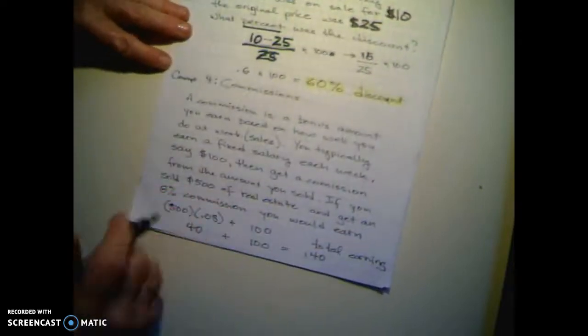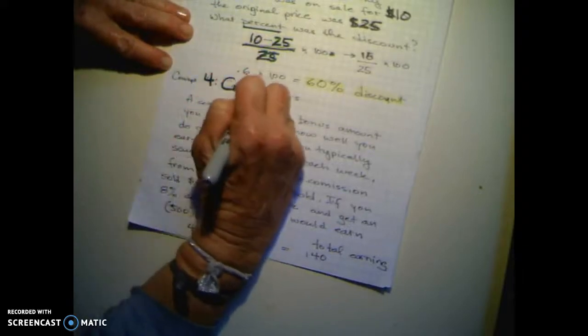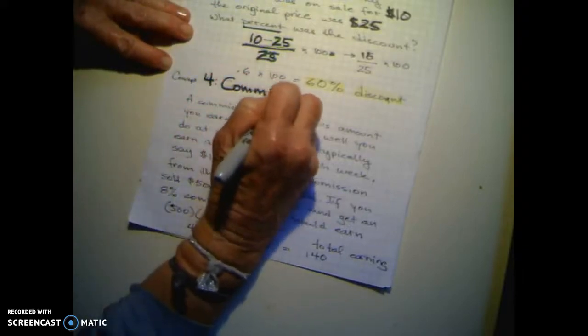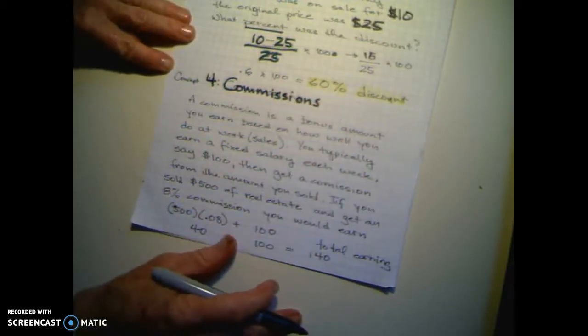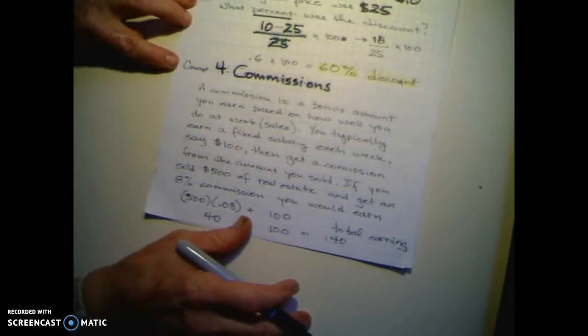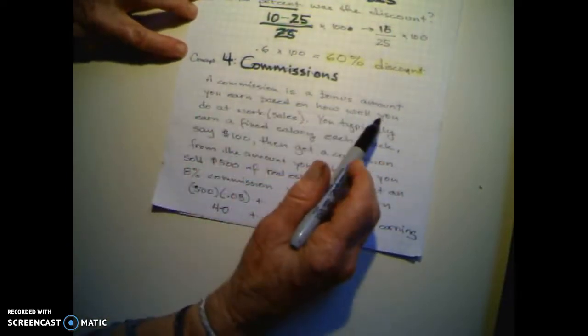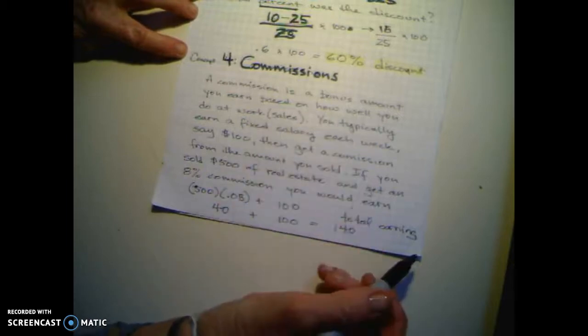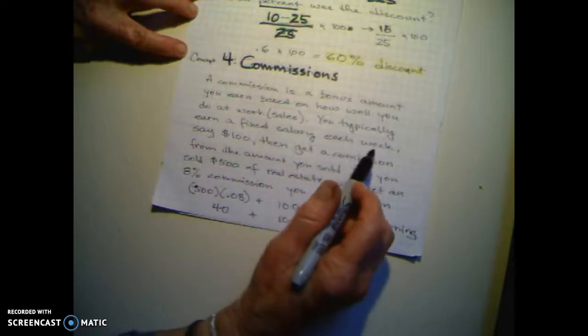Concept 4, commissions. Many people who are in sales earn their salary, plus they earn some percent of what they sell. So a commission is a bonus amount you earn based on how well you do at your work, and that's generally in a sales job. You typically earn a fixed salary each week.